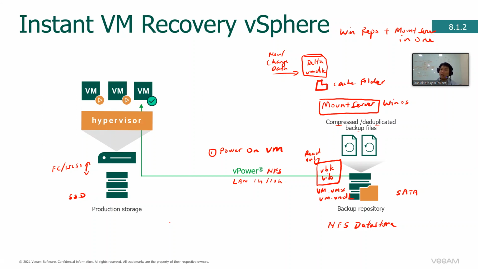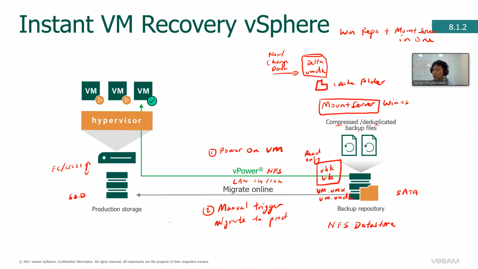Okay? So in your instant VM recovery, the first part will be power on. After power on your VM, I need to trigger a second task. Manual trigger, migrate to production.